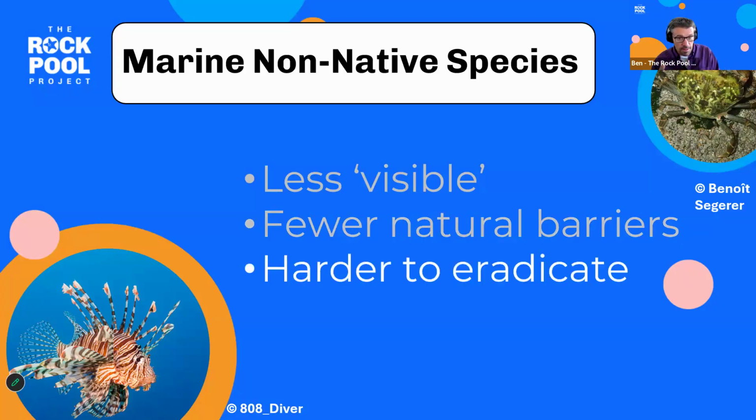Another aspect of that open environment, and that difficult environment for us to exist in, is that marine species are much harder to eradicate. In this slide we've got a couple of examples of marine non-native species. Down the bottom left, there's a species called lionfish, which is one that I'm very familiar with. I did my PhD many years ago on Caribbean reef fish, and when I started my PhD, these guys had just arrived in the Caribbean.